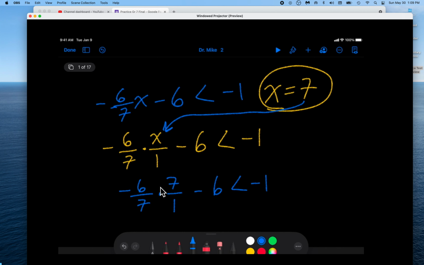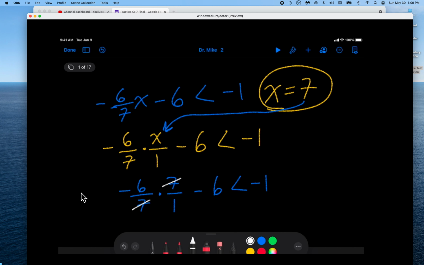Now, what do we see here? This is very similar to when we were canceling out units. We have a 7 above and a 7 below and a multiplication sign. That gives us the permission to cancel these 7s and they become 1.